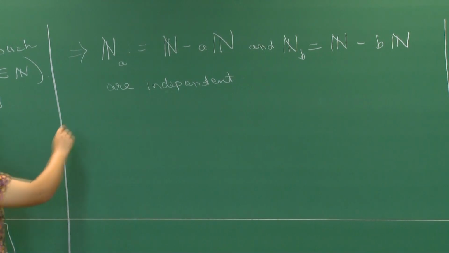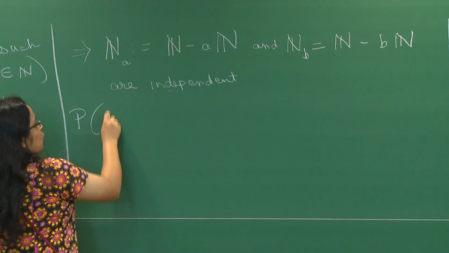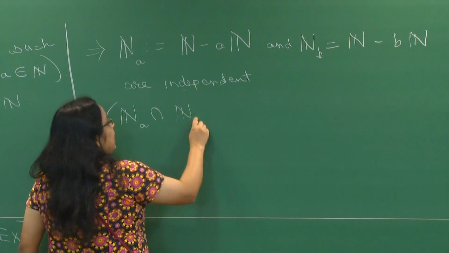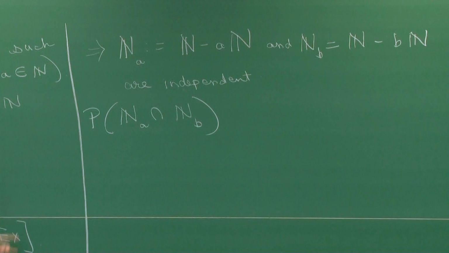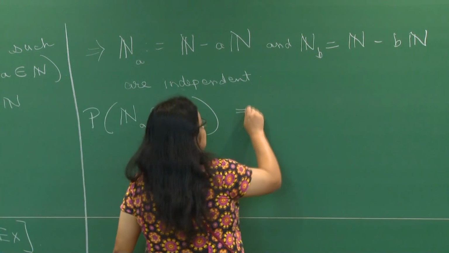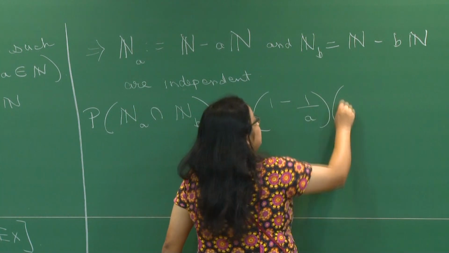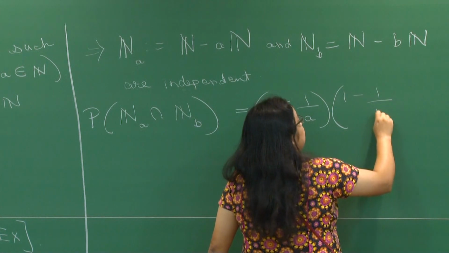And therefore, the probability of N sub a intersection N sub b has to be equal to the product of P of N sub a times P of N sub b. But what is P of N sub a? It is just 1 minus 1 by a. So, this would just turn out to be equal to 1 minus 1 over a into 1 minus 1 over b.